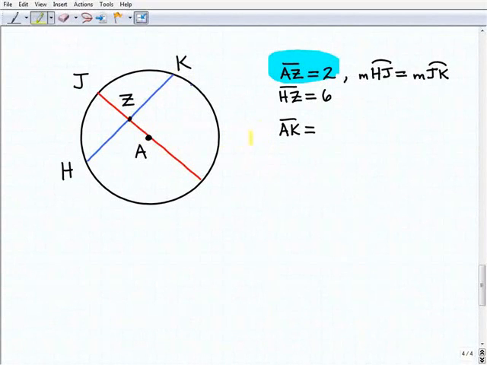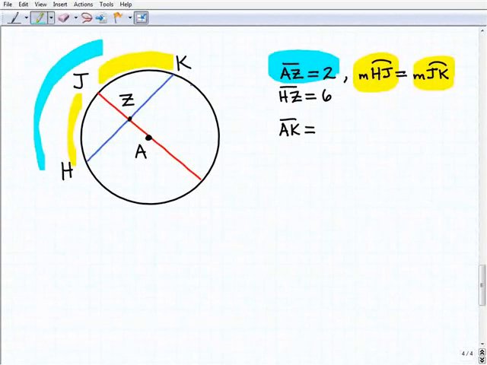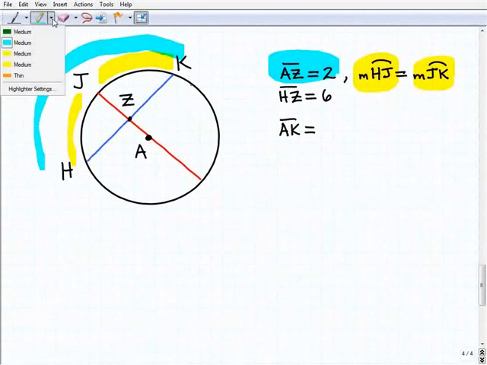We have to see if we can develop enough information to prove that's the case. Looking at our additional information, we know that arc HJ is equal to arc JK. If they're equal, that means this entire arc, HJK, was bisected by this diameter.